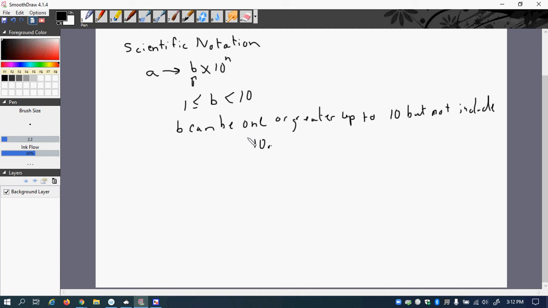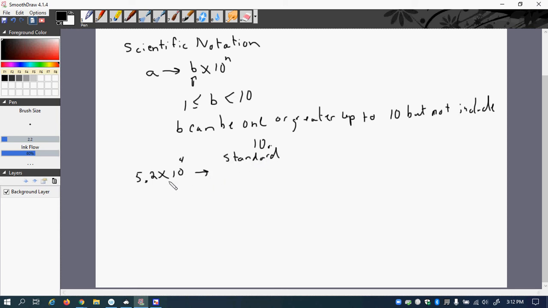So let's take a look at some examples of these problems. So I have 5.23 times 10 to the 4th power. And I want to change this. This is scientific. I want to change it to standard form.